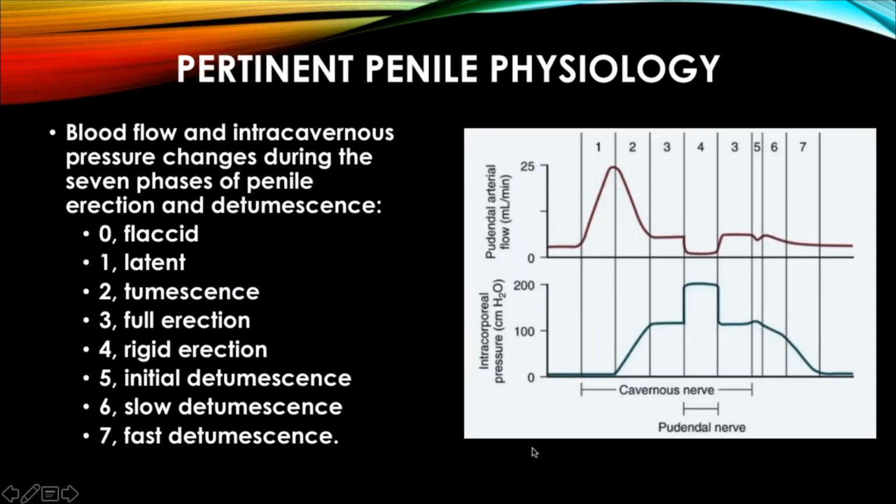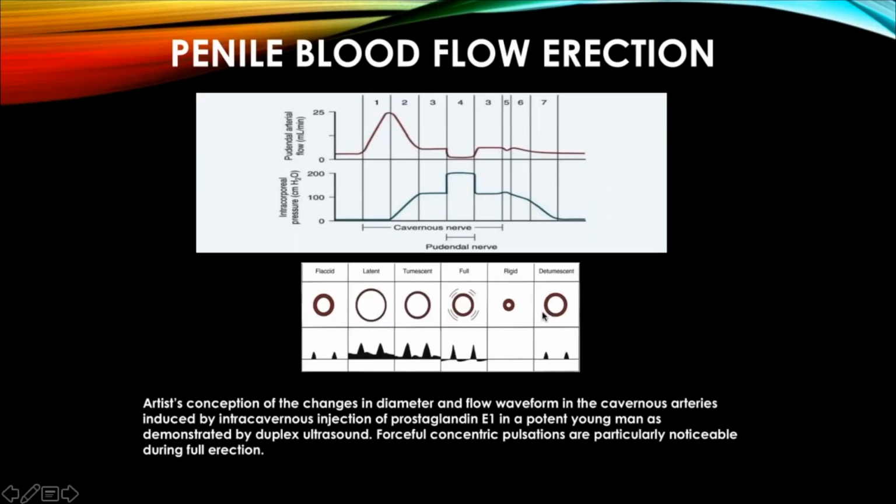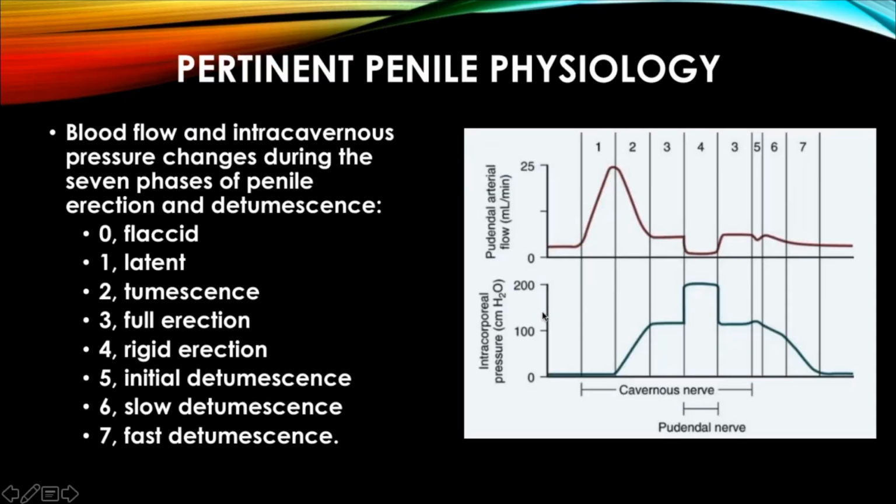Now, one of the other things, and this is a very difficult diagram to comprehend, but it's really important to those people who are going to be doing penile duplex Doppler ultrasounds, is you need to understand that there are changes in the blood flow and the pressures in the penis as we do the study. With the flaccid penis, you're looking at right here. Whoops, hang on, I'm going to go back one.